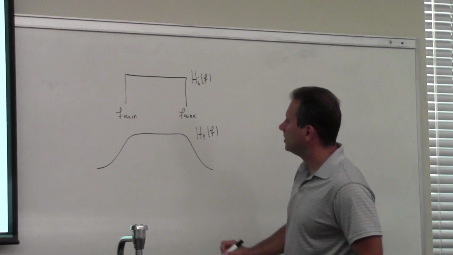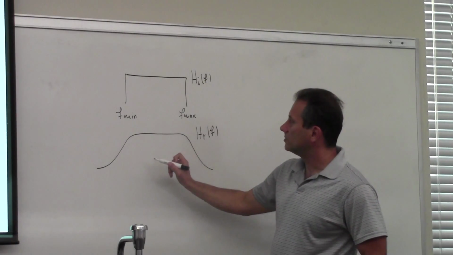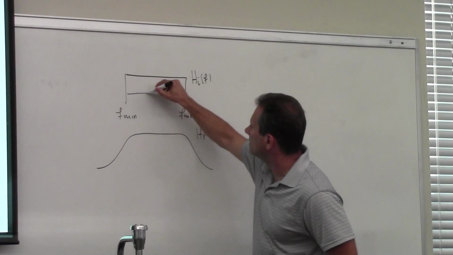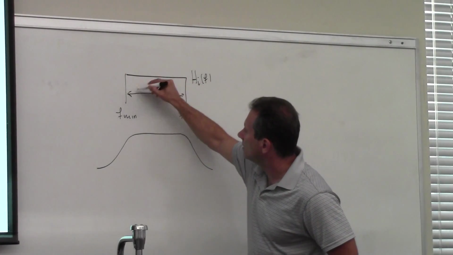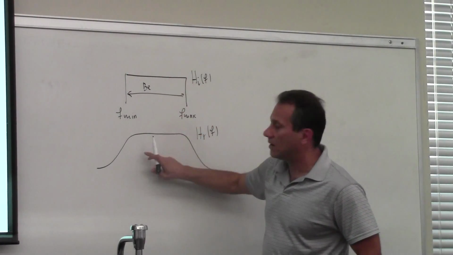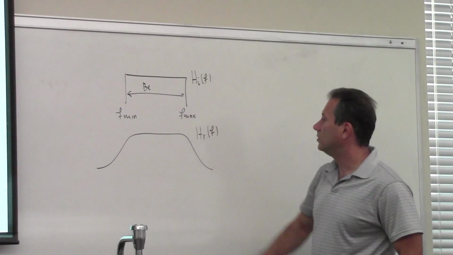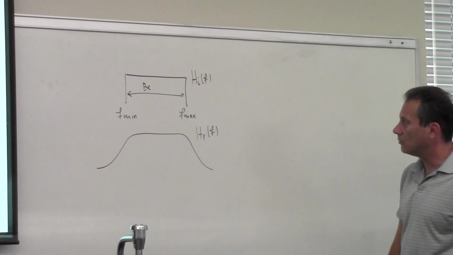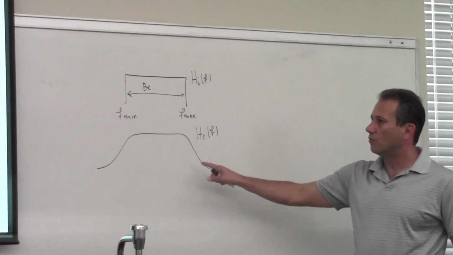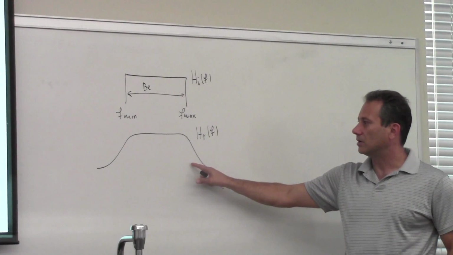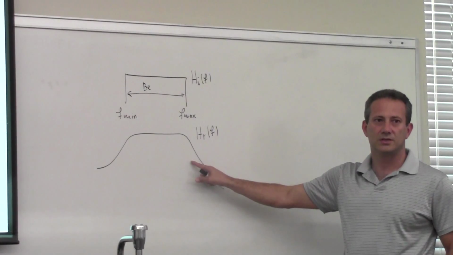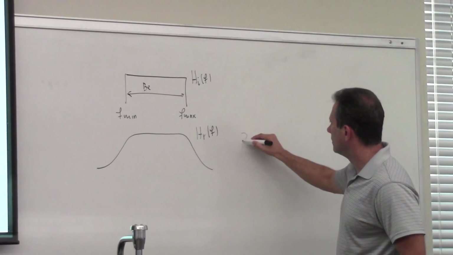And then what would be the equivalent noise bandwidth? The equivalent noise bandwidth would be the bandwidth here that gives you the same power as the noise through this system. So if we do one-sided calculations, what would be the power of the noise in this case? Or even double-sided.